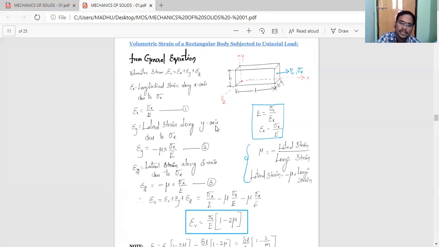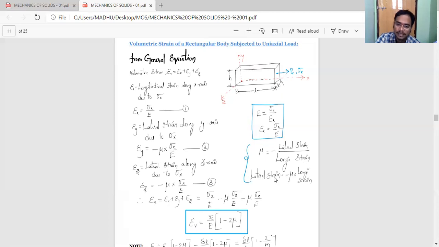Next, what about epsilon y and epsilon z? They are the lateral strains along the y axis due to sigma x. Due to this load Px, the tensile load applied, we will find the changes in lateral dimensions, that is h and b. How are we going to make use of it? We should remember Poisson's ratio: mu is equal to 1 by m is equal to minus of lateral strain by longitudinal strain.